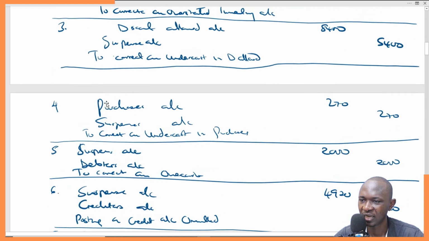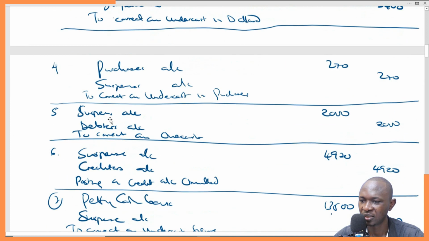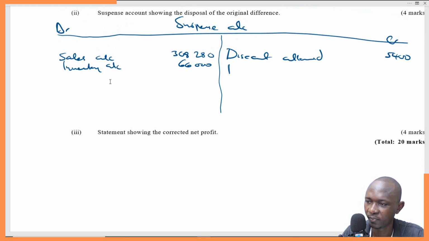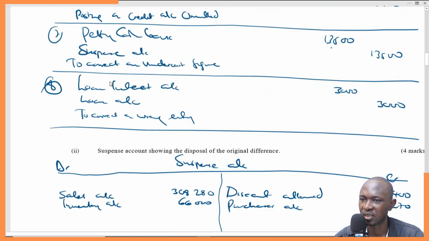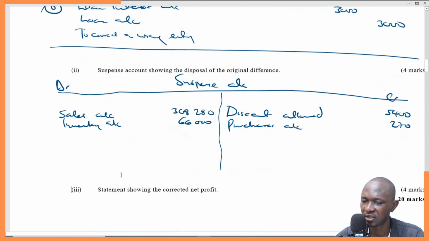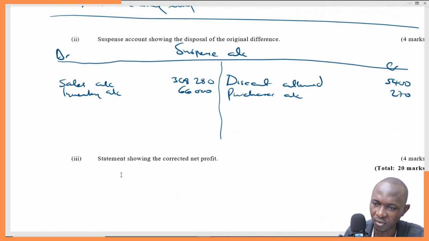Next, credit suspense account again, purchases 270. Purchases 270. We've credited the purchases, the suspense account. We've credited suspense account, you can see. Number 5, debit suspense account 2,000. The reason is debtors. So debit suspense account.